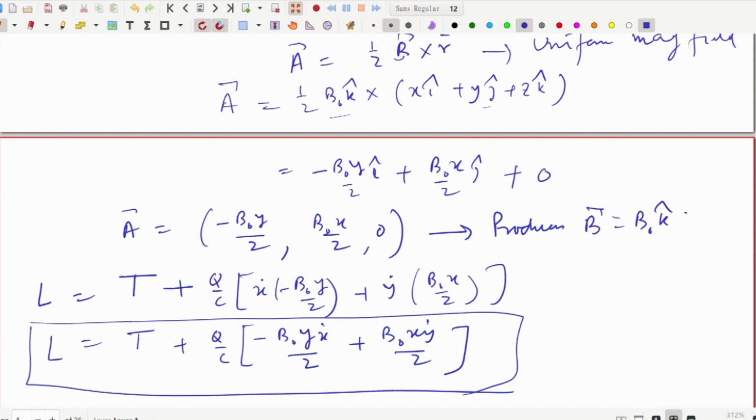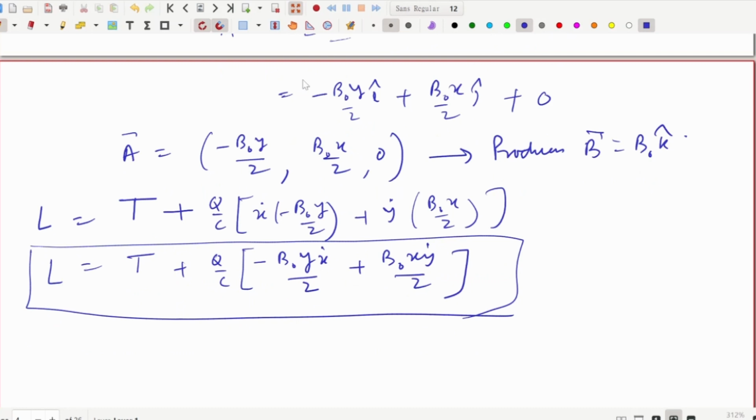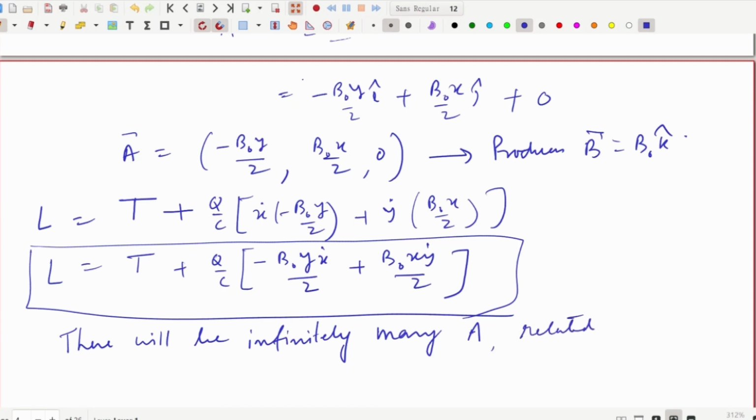But later we will see that there will be many potentials. For each potential you will find one Lagrangian. As we already know, there will be infinitely many A related by gauge transformation.